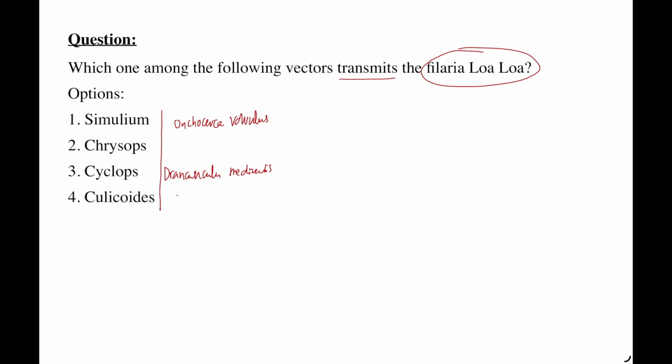Culicoides transmits Mansonella, and Chrysops transmits loa. So this loa is caused by filaria. So these are the filaria and these are the vectors. So Simulium is Onchocerca, Chrysops is loa, Cyclops is Dracunculus medinensis, and Culicoides is Mansonella. So this is the correct answer. That is, sorry, Chrysops loa is the correct answer for this particular question.